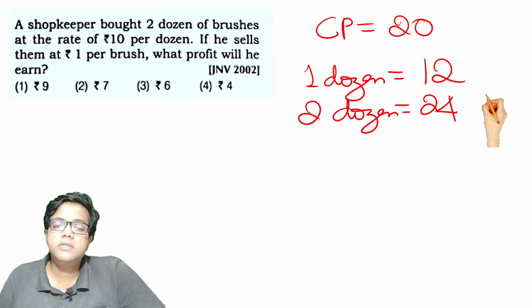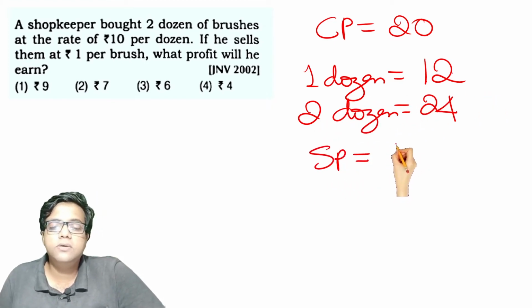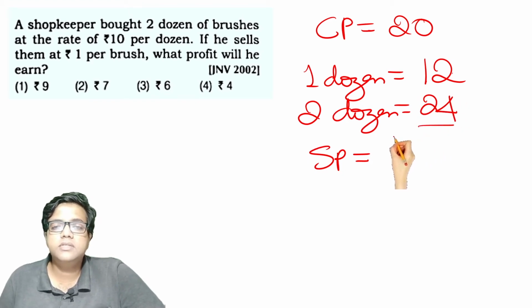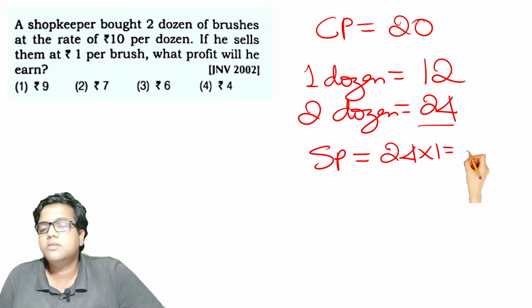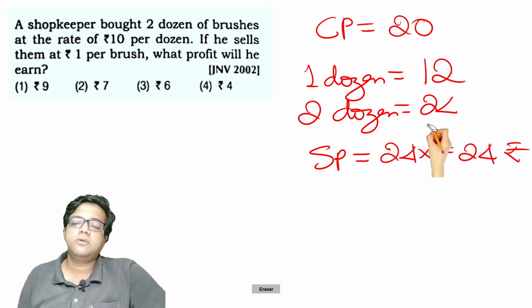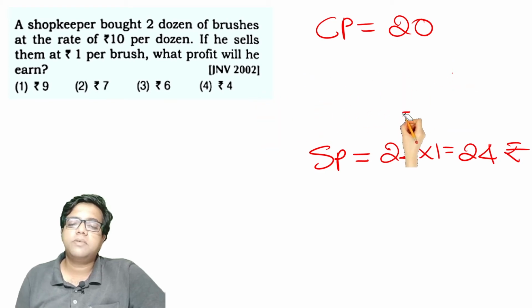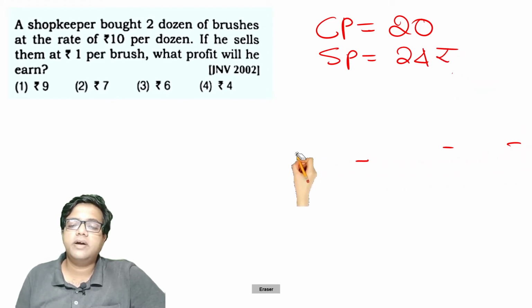So therefore, what is his selling price? In total there are 24 brushes and each of them he is selling at 1 rupee. So 24 into 1 rupee is equal to 24 rupees. So the selling price here is 24 rupees.